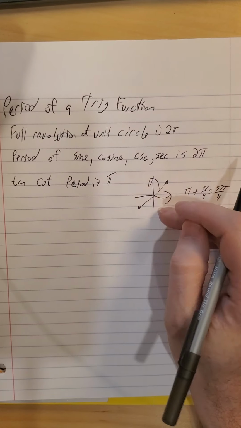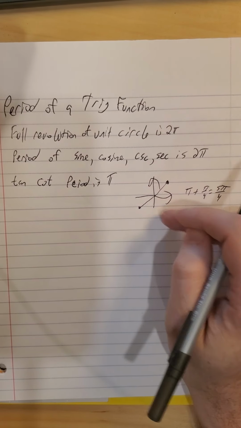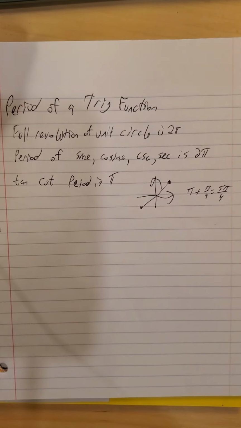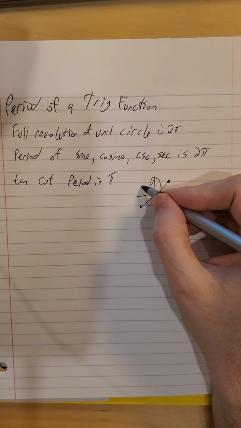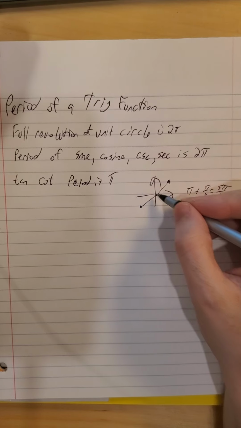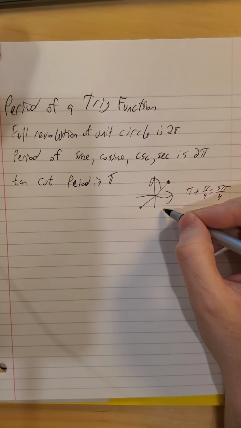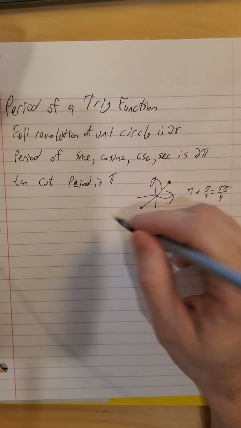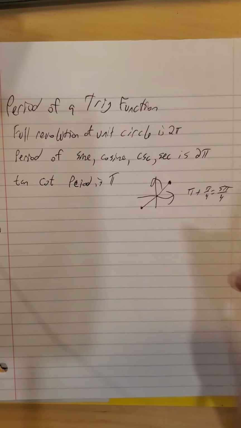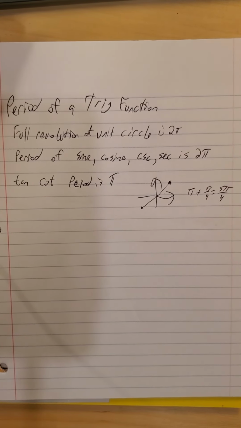Same deal would happen Q2 versus Q4. So here, cosine is negative, sine is positive. Here, cosine is positive, sine is negative. So you don't have to go as far to see a full revolution of what tangent or cotangent can do.